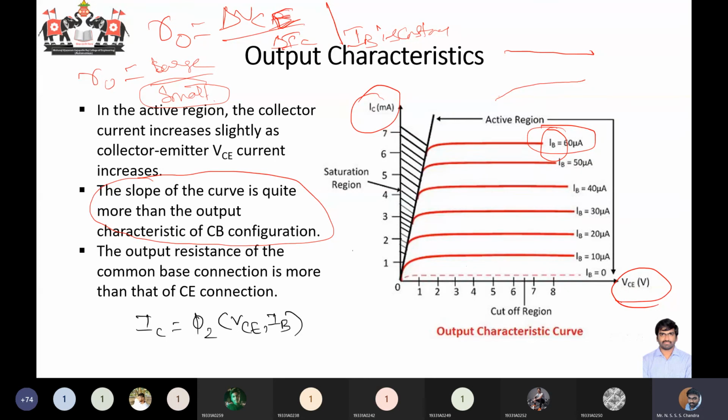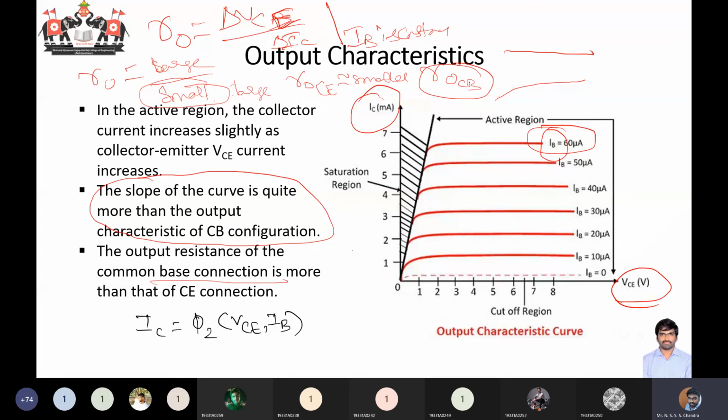So output resistance in common base is large, and this R naught value in CE configuration will be slightly smaller than R naught in CB configuration. Output resistance in CB configuration will be much larger than output resistance in CE configuration.